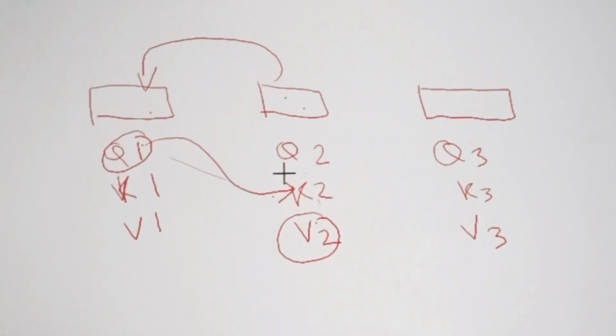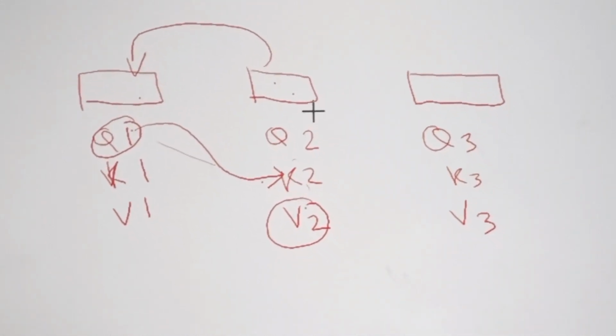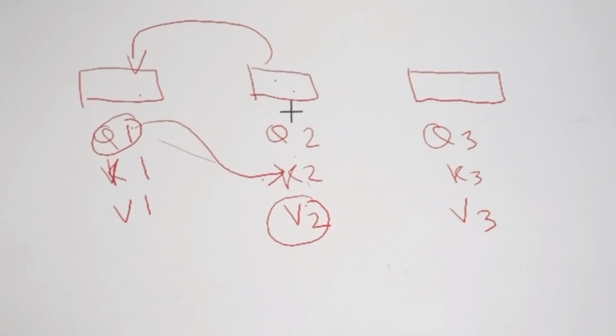Now, why is it logical? Because this word has captured a lot of value, reflected in its value vector, the value of the word as it stands right now. The query vector is also taken from this word itself, and it decides what enrichment I have had so far.